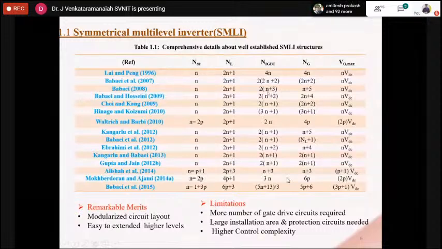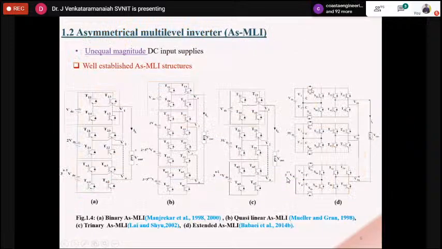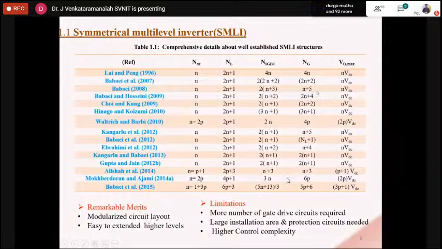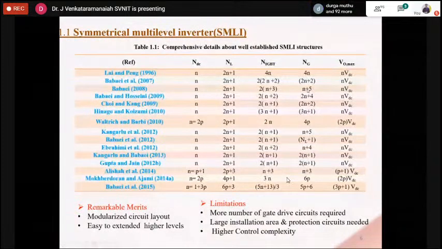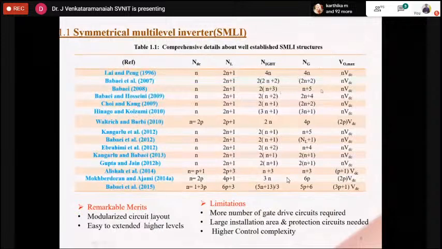If n is 3, that means 3 DC sources, then you get 12 IGBT switches. But still the number of gate driver circuits is less, only 8. In this case, there are 4-quadrant switches which need only 1 gate pulse to drive the 2 IGBT switches. Like this, some of these configurations are coming into the literature.